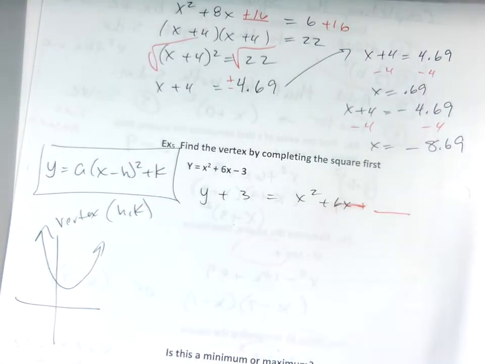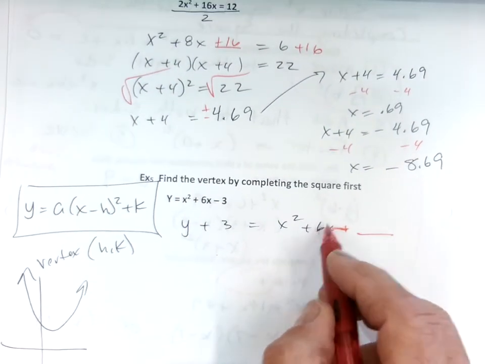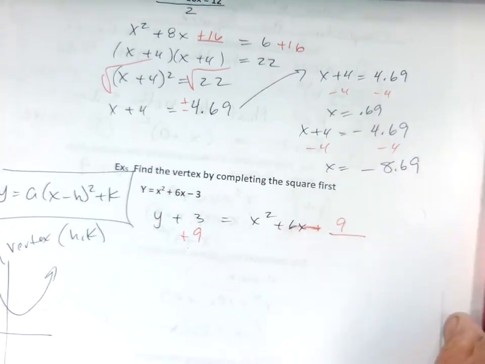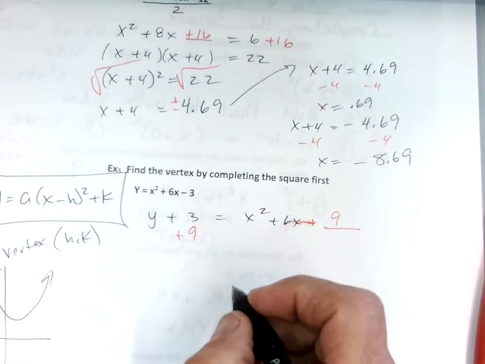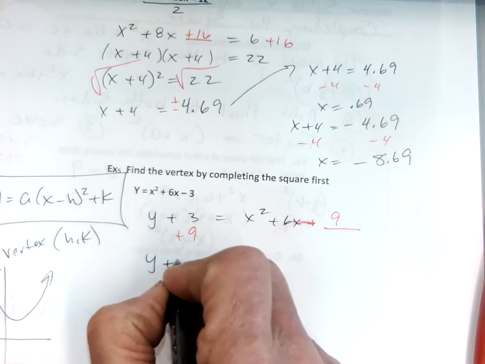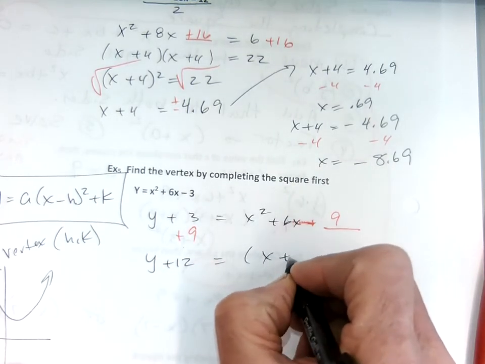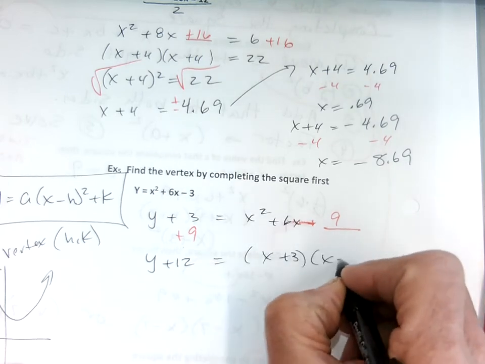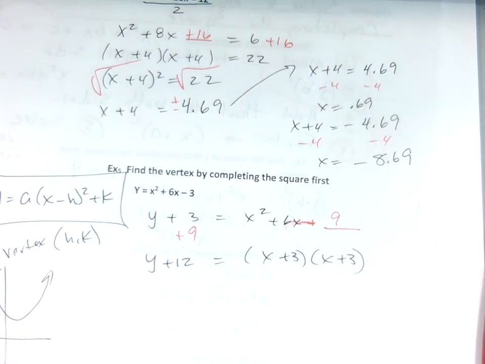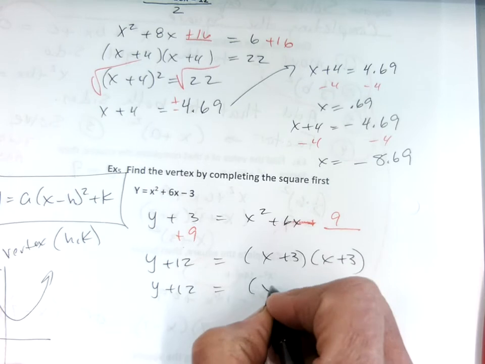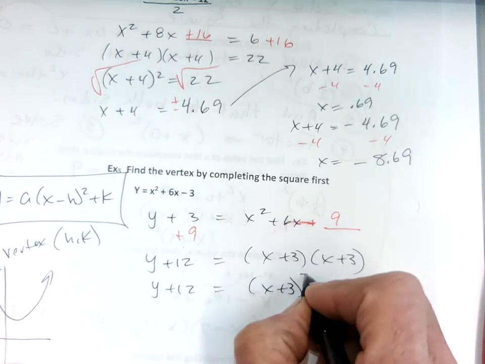Half of 6 is 3, and 3 squared is 9, so I go plus 9, and I got to go plus 9 here, right? So then I have y plus 12 equals, well, this will factor into x plus 3, correct? Or I'd have y plus 12 equals x plus 3 quantity squared.